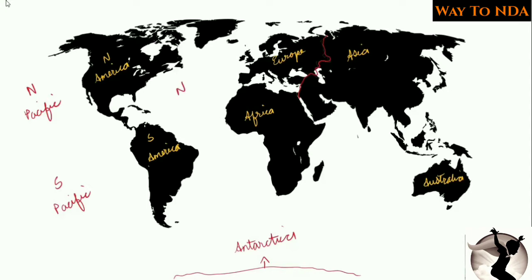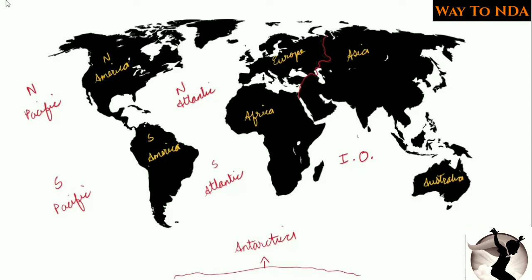Then here is the Atlantic Ocean, the North Atlantic and here the South Atlantic, in between Africa and America. This is the Indian Ocean, a very famous ocean, famous for trade, a very busy route.